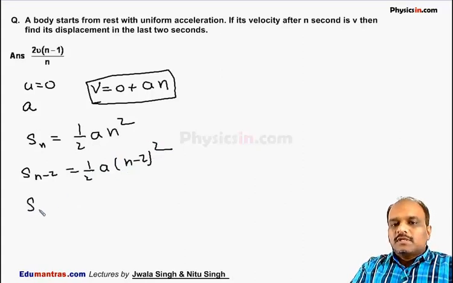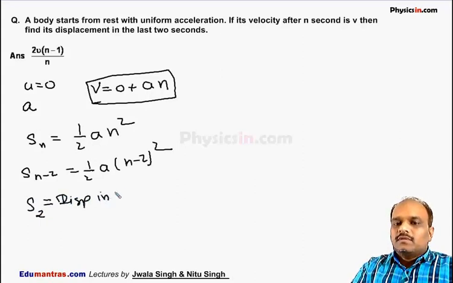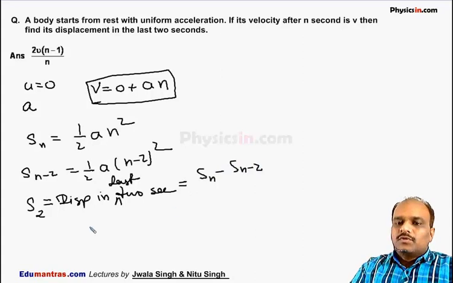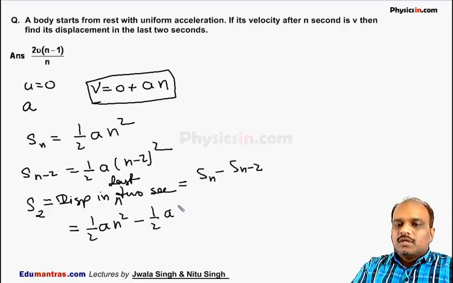So the displacement in the last 2 seconds, S2, is Sn minus S(n minus 2), which is 1 by 2 a into n square minus 1 by 2 a into n minus 2 square.